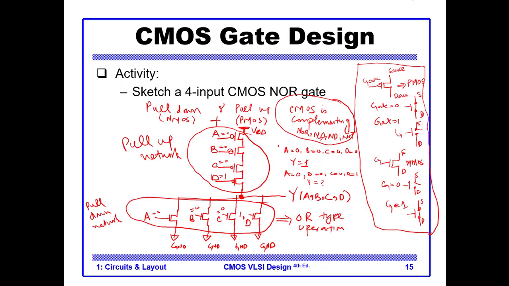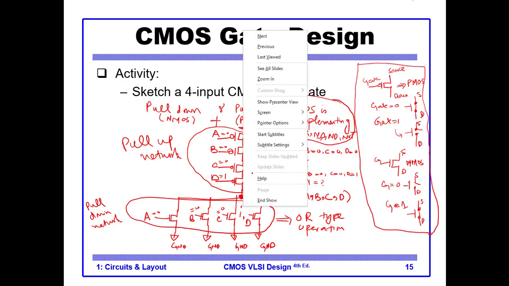What this means is that A PMOS is closed, B PMOS is closed, C PMOS is closed, but D, this one is open. So it means that the VCC is not connected to Y. And if we come here to the pull down network, this is open, this is open, this is open, but this one is closed.